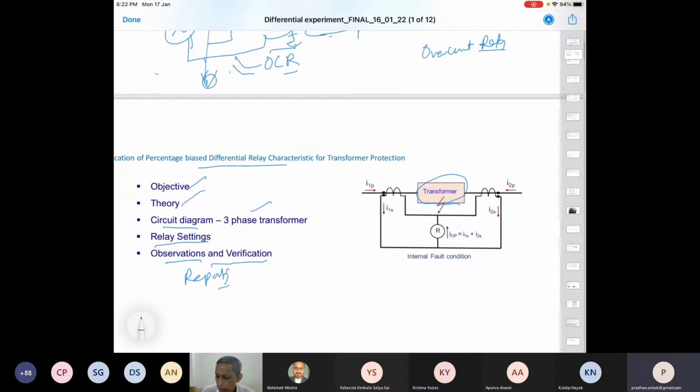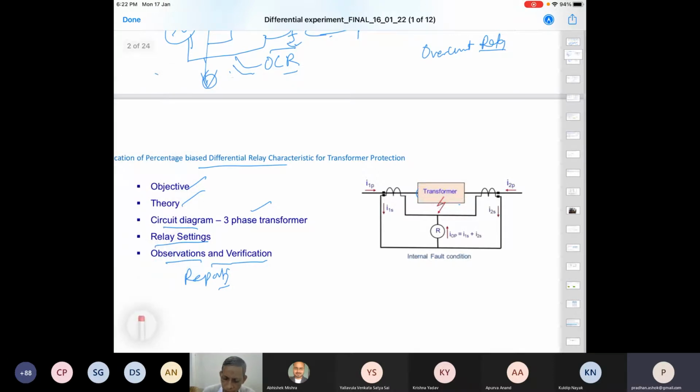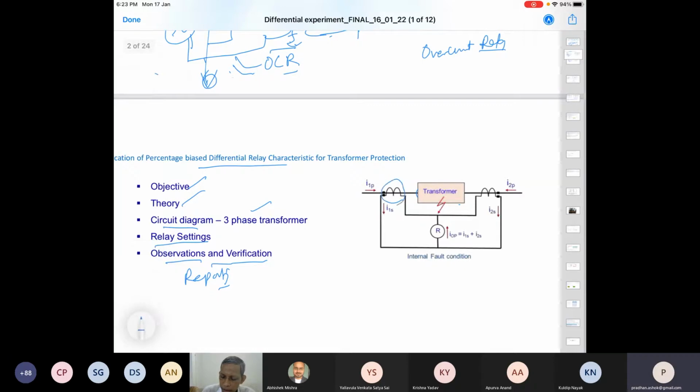Now, the basic difference in transformer protection is that we require essentially a CT on this side and a CT on this side. In the case of the overcurrent relay, we talk about a CT here only, one CT for a phase, another CT for another phase.